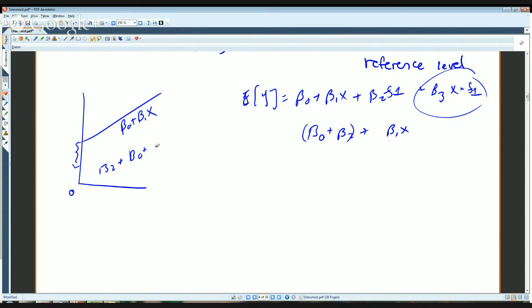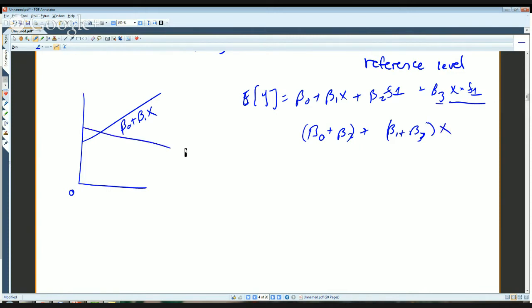When we have an interaction, right, when the beta 3 is not necessarily 0, then we get beta 1 plus beta 3x, and then we get this line.